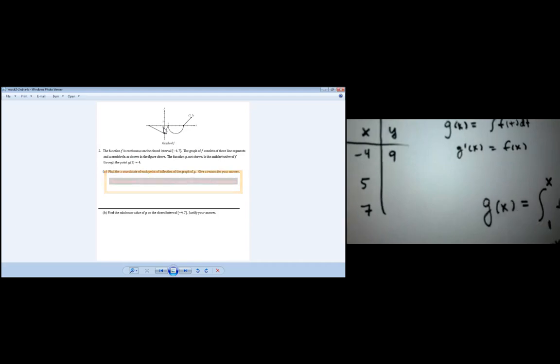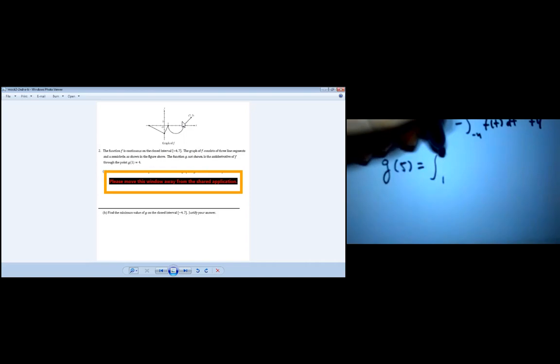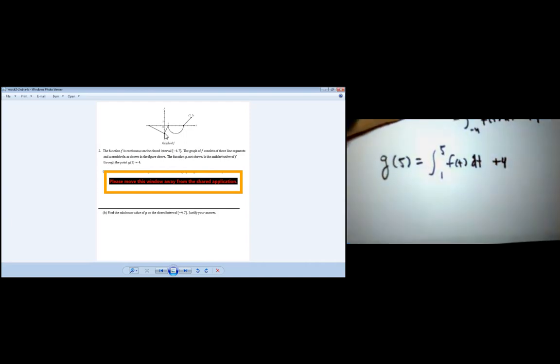Yeah. Okay, let's do it again with 5 and then with 7. So if we go for 5, G of 5 is going to be the integral from 1 to 5 of F of t dt plus 4. From 1 to 5, this is your semicircle and it's underneath, so it's going to be a negative area.